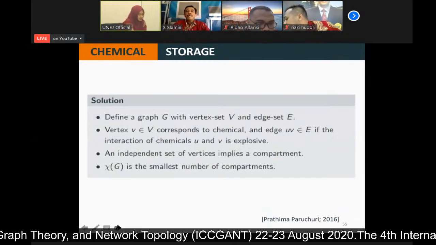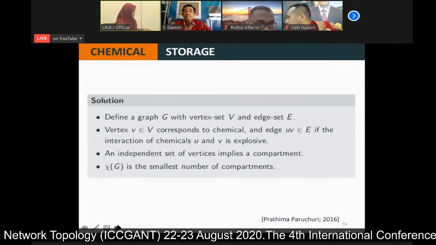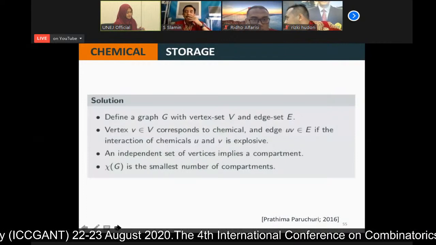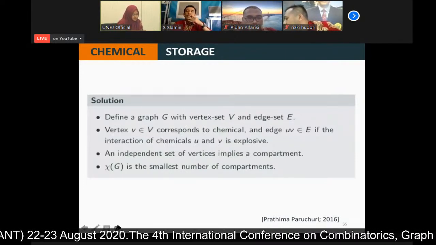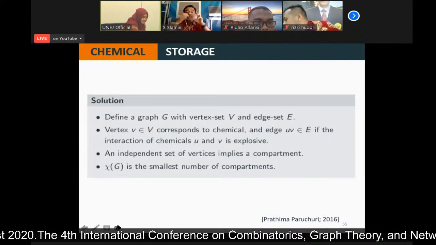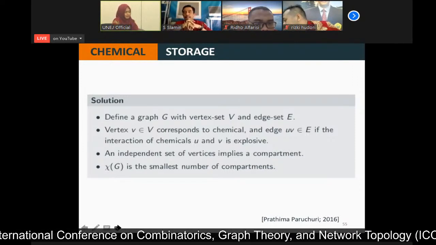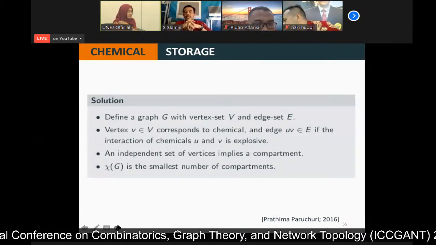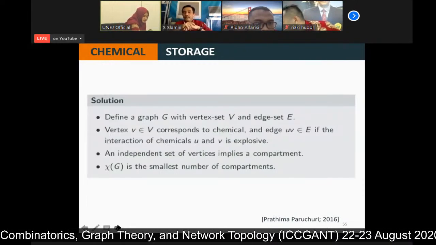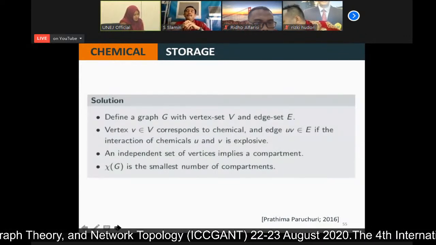We can solve the problem by using graph coloring. We define the graph G with vertex set V and edge set E. Vertex v corresponds to a chemical, and edge uv exists if there is an interaction between chemicals u and v that causes an explosion.